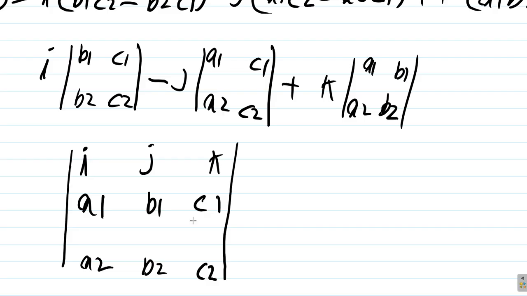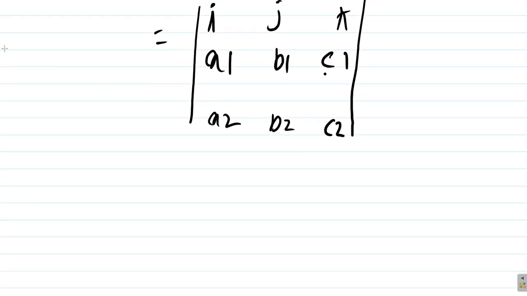so here now, this is a very convenient way of writing the vector product or the cross product of two vectors.